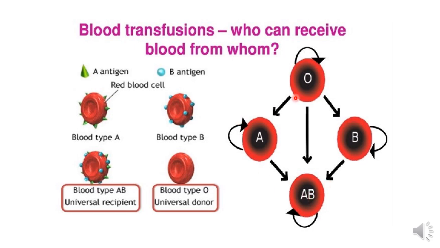And each one of these blood groups can receive from itself. Because AB accepts from everyone, we can call it a universal recipient. However, the O gives to everyone, so we call it universal donor because it donates to everyone.